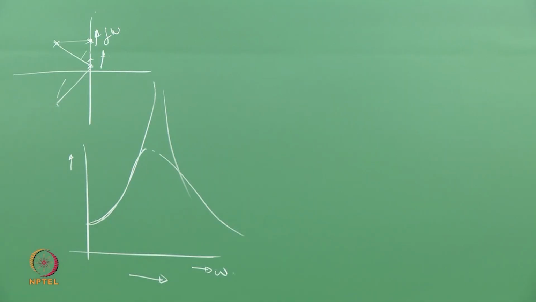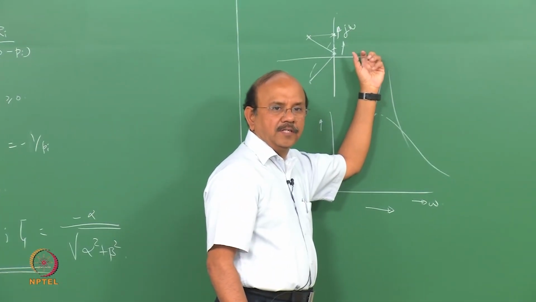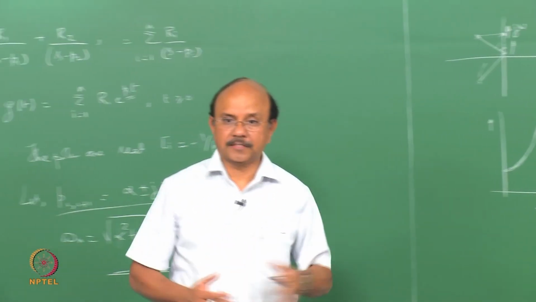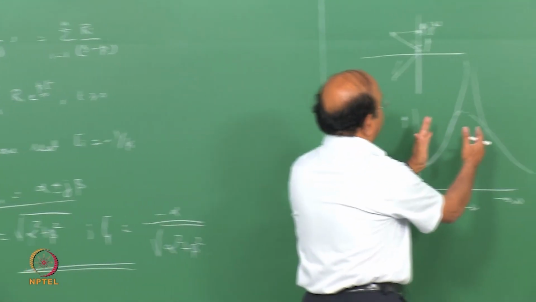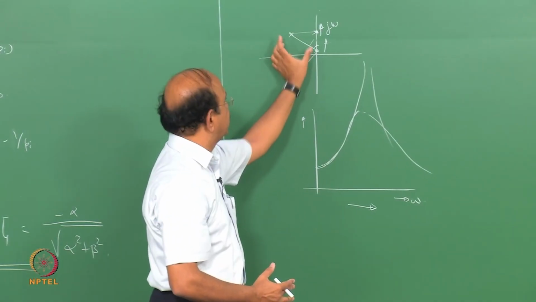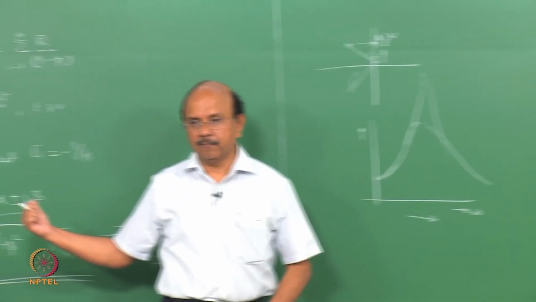So this is another interpretation, especially used in filter design, where it's very simple to understand the filters, whether low pass, high pass or band pass, for example. Band pass filters can be understood very easily by these distances in the denominator.